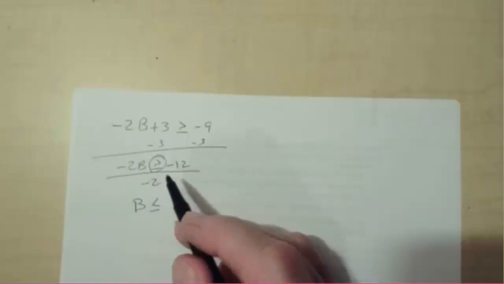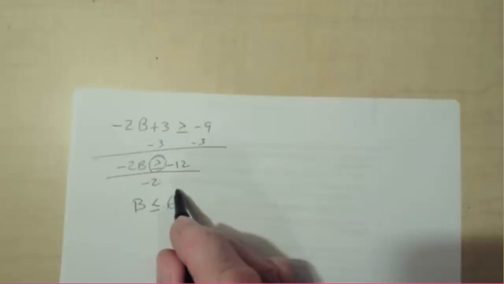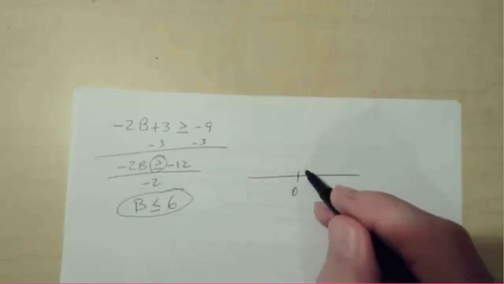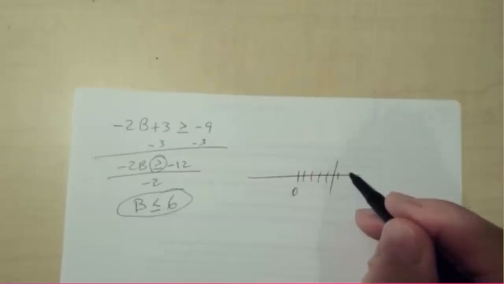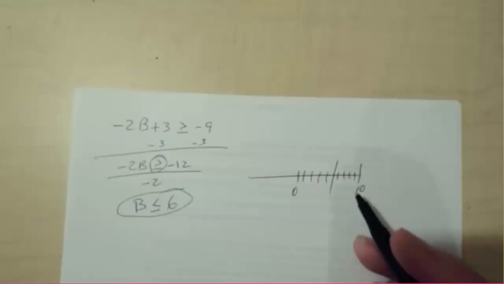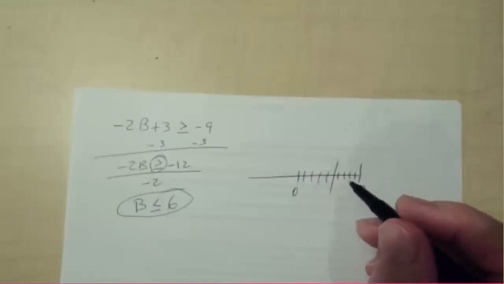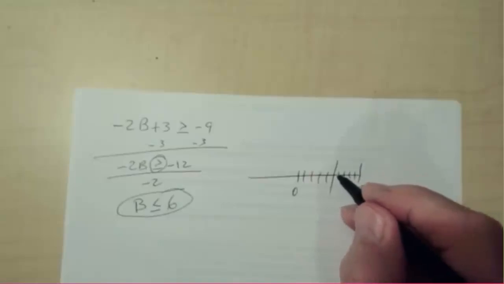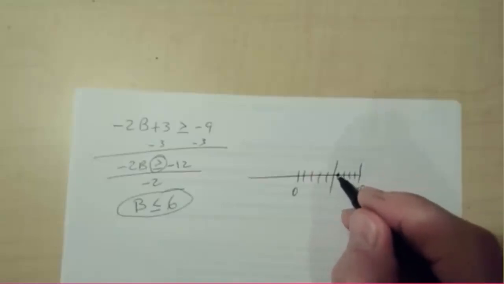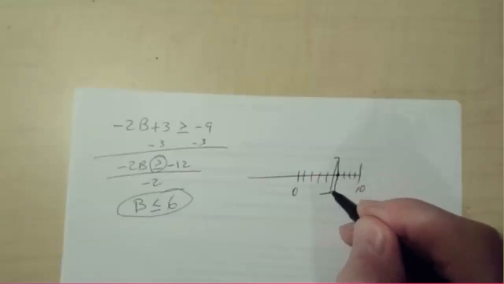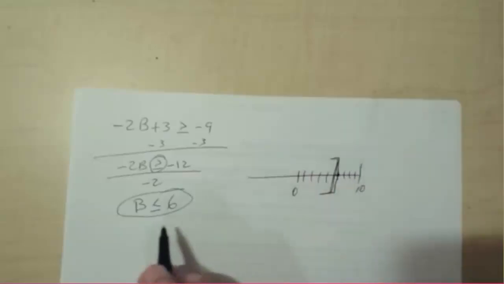And a negative divided by a negative is a positive 6. 1, 2, 3, 4, 5, 6, 7, 8, 9, 10. Okay, now here's our answer, it's less than or equal to 6. That means it includes the number 6. So we're going to use a bracket opening this way because it's less than.